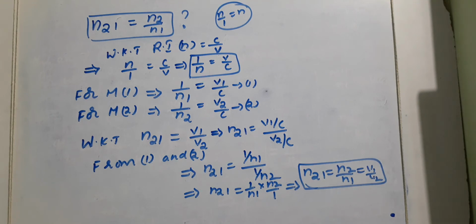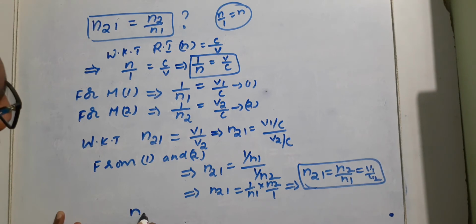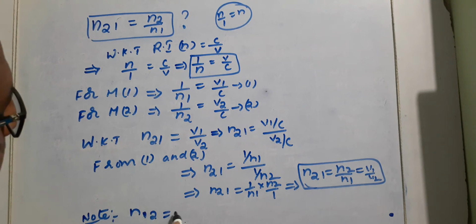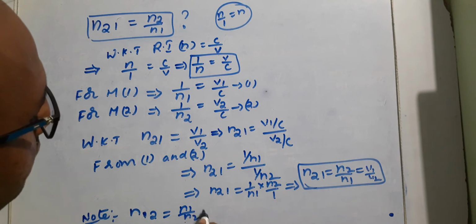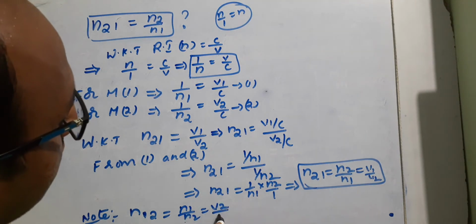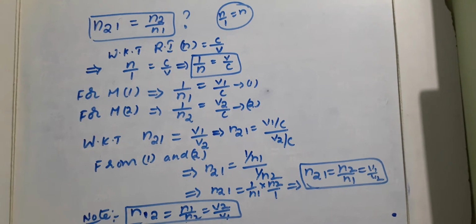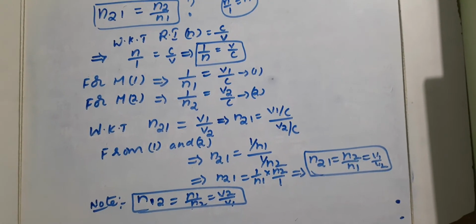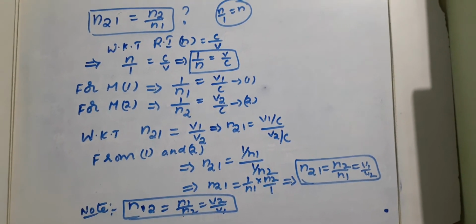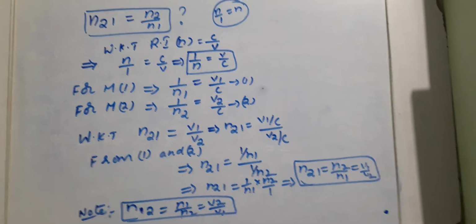Similarly, we can write the relative refractive index of first medium with respect to second medium as n12 is equal to n1 by n2, which is equal to v2 by v1.